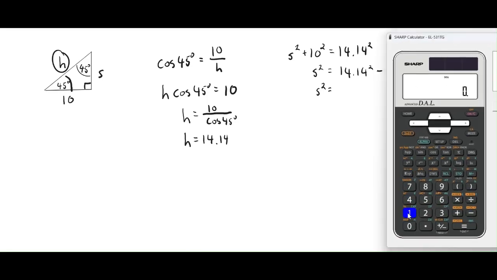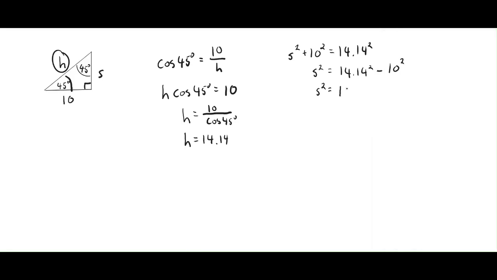So 14.14 squared minus 10 squared. It's almost 100 exactly. And if we had left all of those digits in there, I think we would have gotten 100 exactly. So let's write that down, 100.